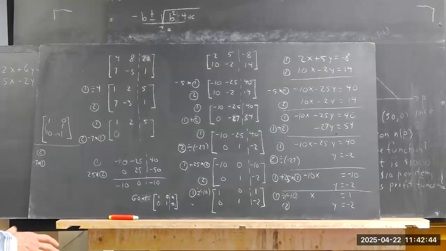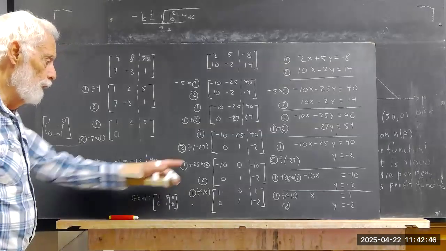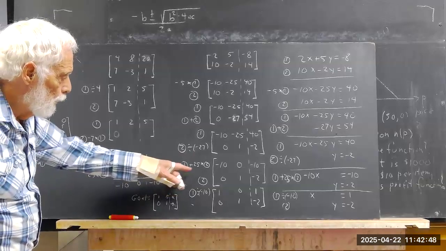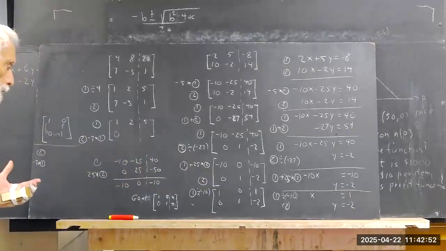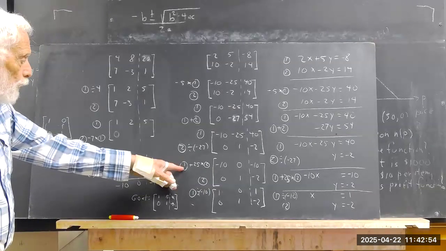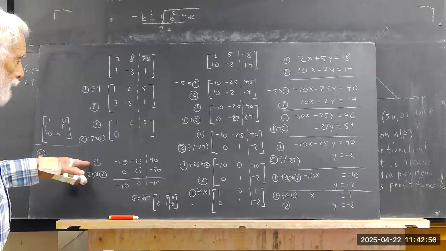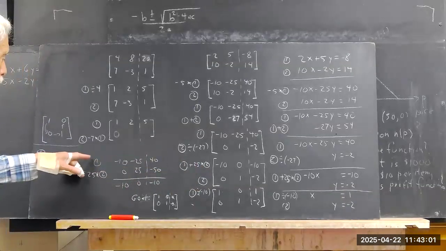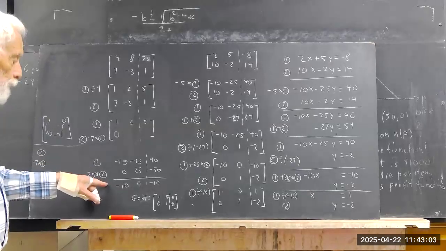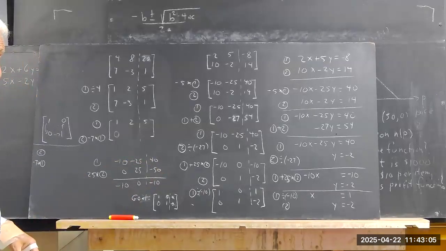Okay. You want to write out everything real explicitly. Remember over here, when I wanted to add row one to 25 times row two, I came over to the side and I wrote out row one, and I wrote out 25 times row two. I didn't write anything else, just my directions for what to write down.